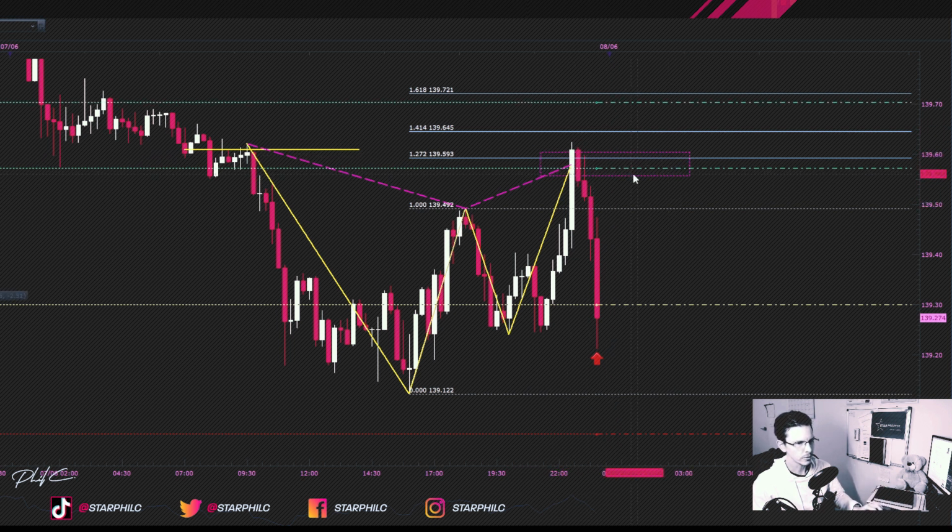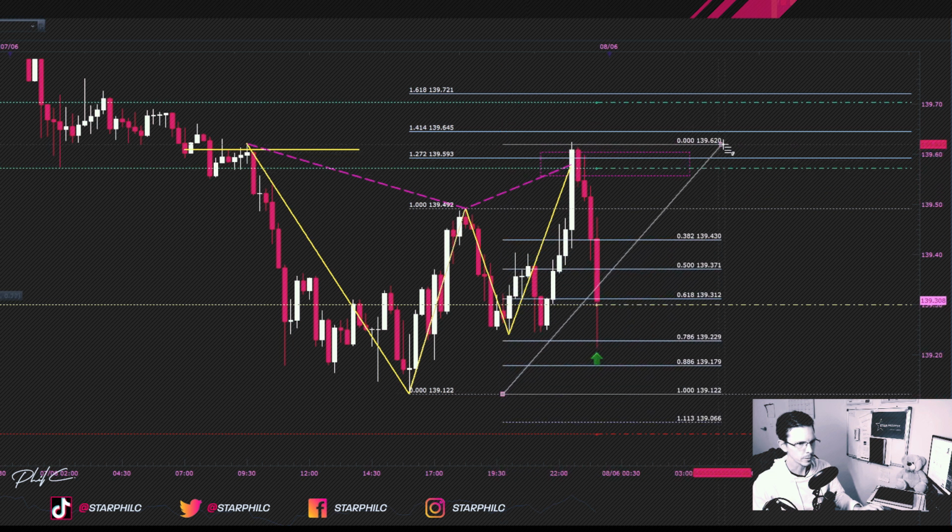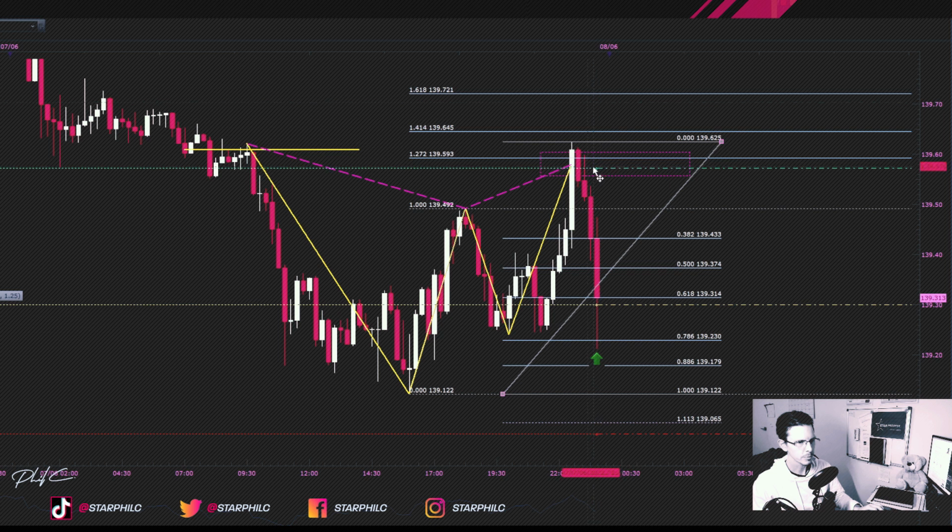Where is double targets for a Gartley? Let's take a quick look before we look at the trade that I got involved with. So Fibonacci retracement, this swing low all the way up into swing high. So as price action hits the 127 right here, which is the potential reversal zone, right up at structure, then we roll over.